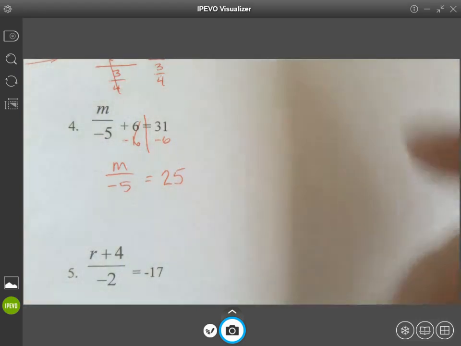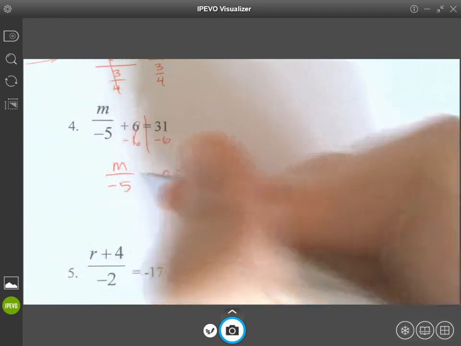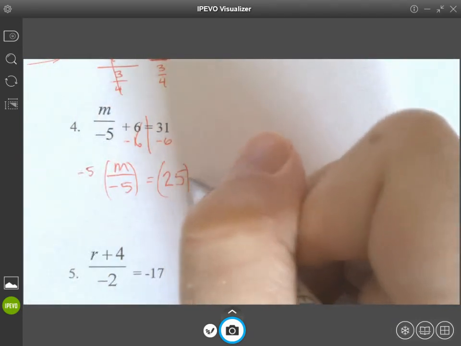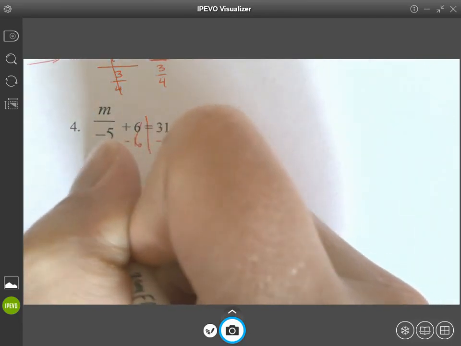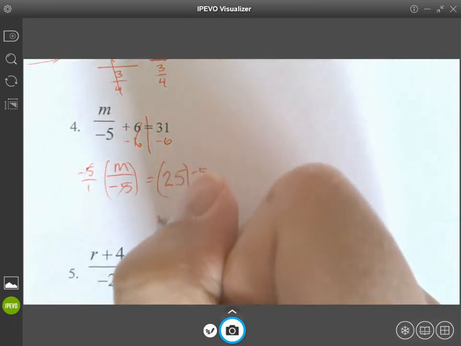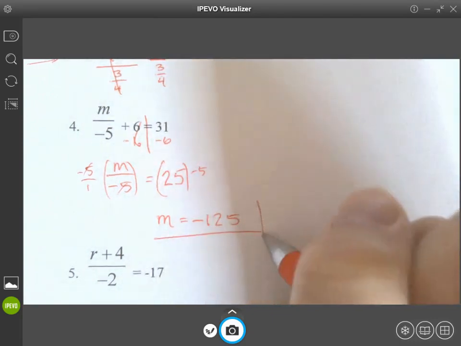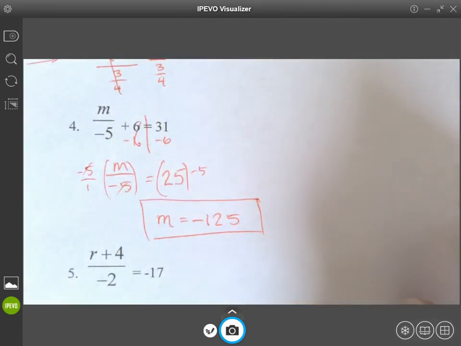Yeah, a lot of people get stuck here, but if you think about it, it's m divided by -5. So I'm going to multiply both sides by -5. And this really does cancel out. And I end up with m equals -125.